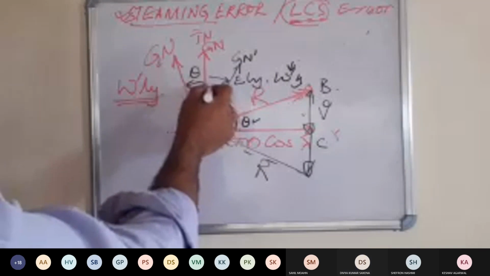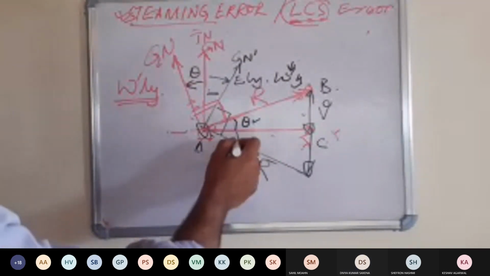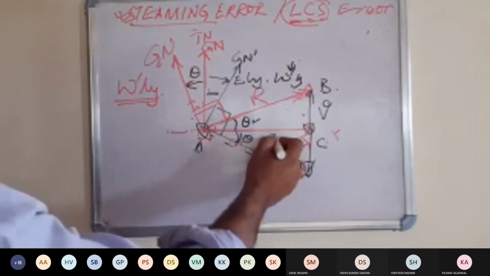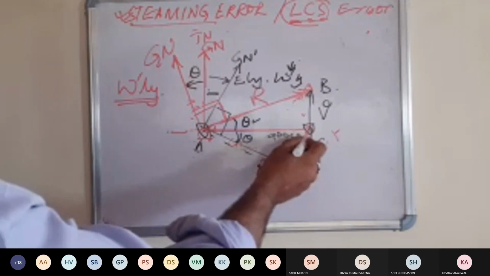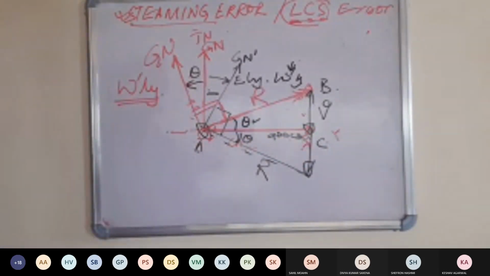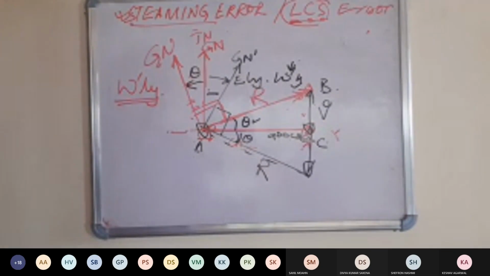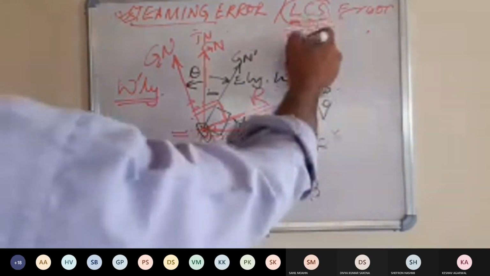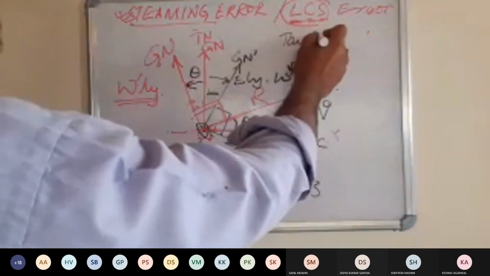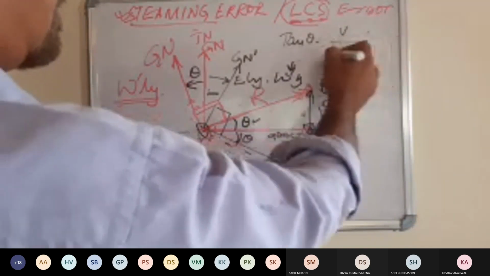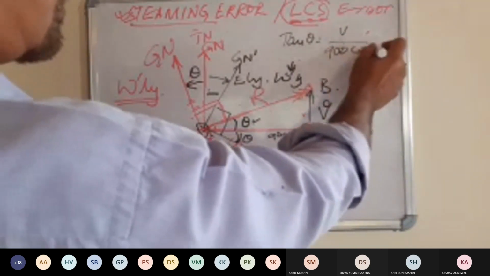And the angle created will be the same as it is here, theta. Correct? So again you have the same 90 degree angle, right angle triangle. You can find out the value of this theta. Again the same, tan theta is equal to V by 900 cos latitude.